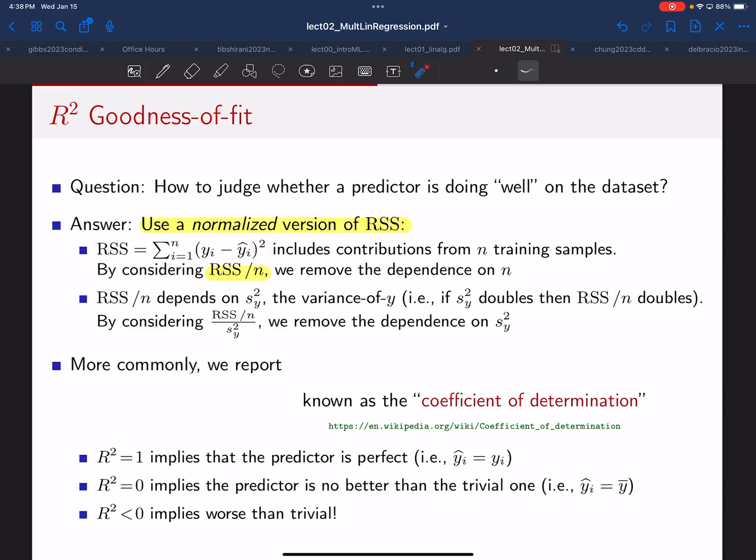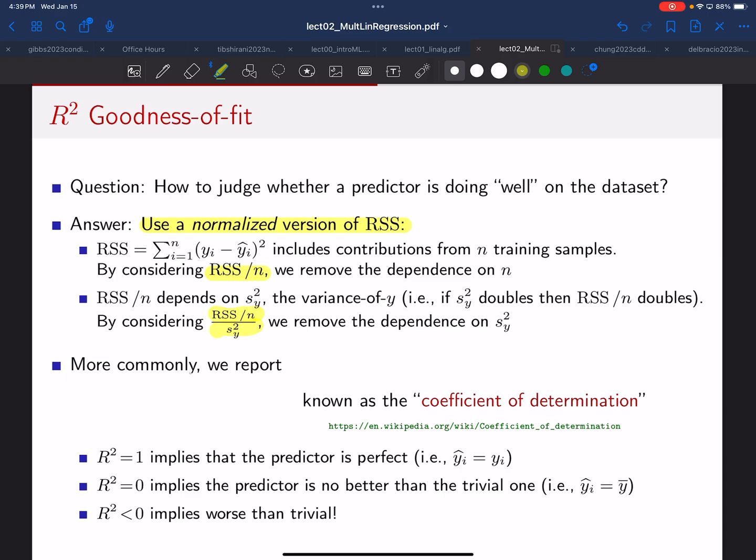So this is still dependent on the variance of your targets. What you can do is divide the RSS both by n and by the variance of the targets. That is useful because it's normalized in such a way that it doesn't care how many targets you have, nor the absolute size or the statistical size of your targets. That would be fine to use, but it's not what's typically done.